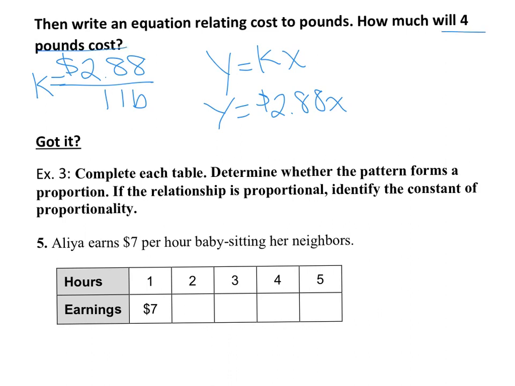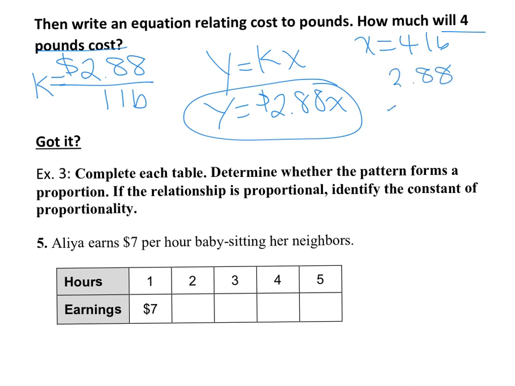I want to find out how much it would cost for 4 pounds, so x is 4, and I substitute the 4 into the equation. I have 2.88, and I'm going to multiply it by 4, and it ends up being $11.52. So for 4 pounds, it's $11.52. To figure that out, I could just create an equation by using the constant rate that I had found in the previous question.